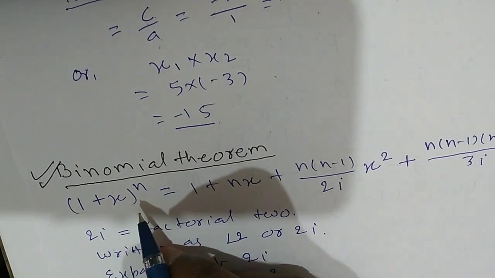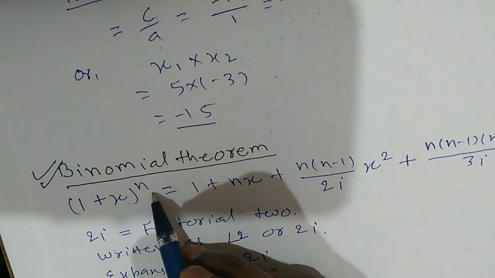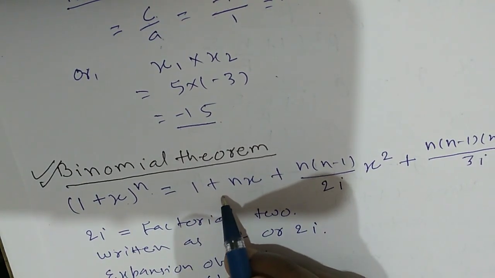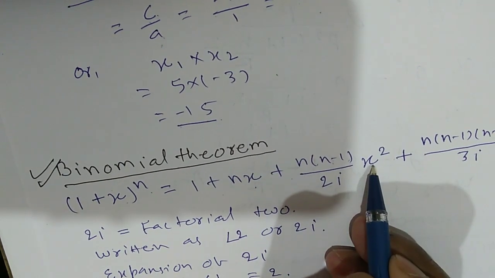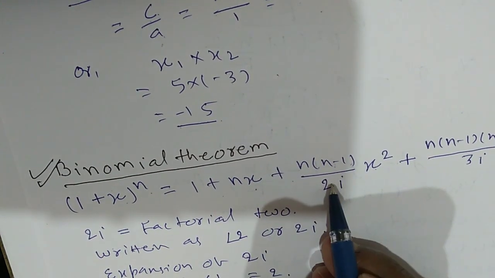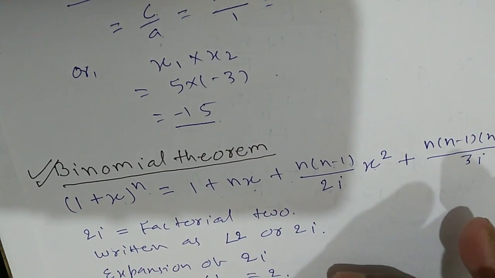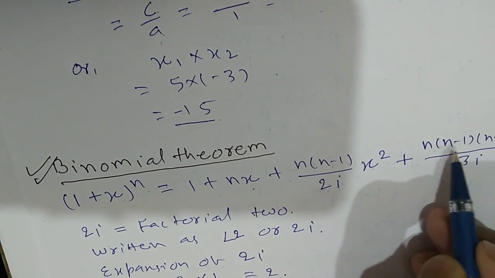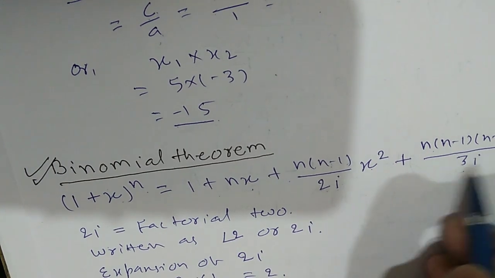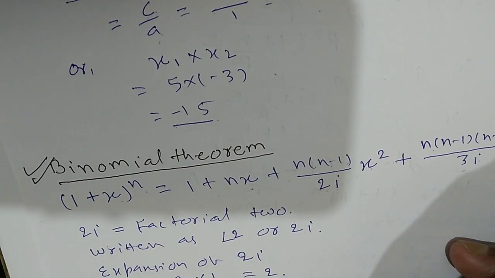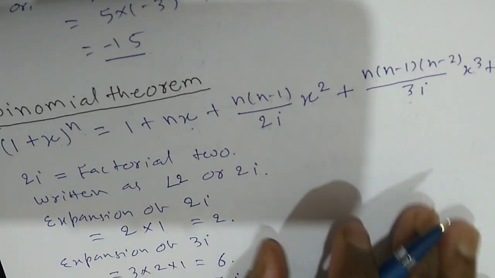Now the binomial theorem is a proven result: 1 plus x to the power n is equal to 1 plus nx plus n into n minus 1 into x square divided by factorial 2. Next is n into n minus 1 into n minus 2 upon factorial 3 into x cube, and so on. These are the basic formulas of the binomial theorem.